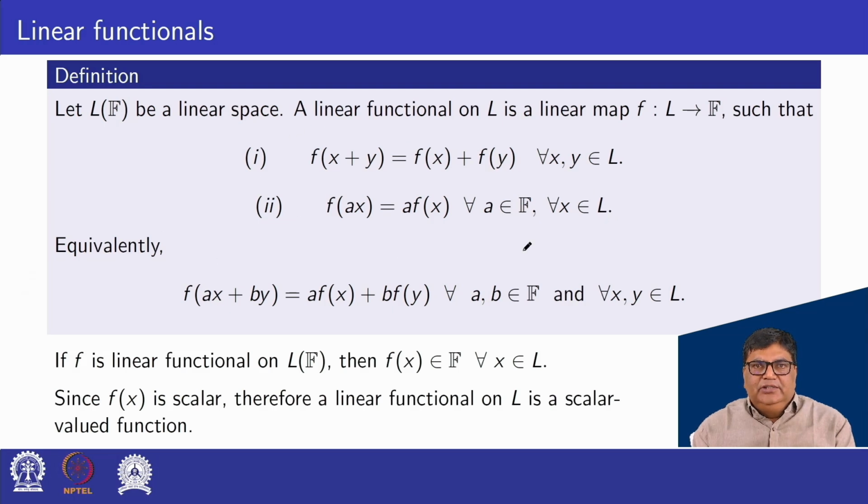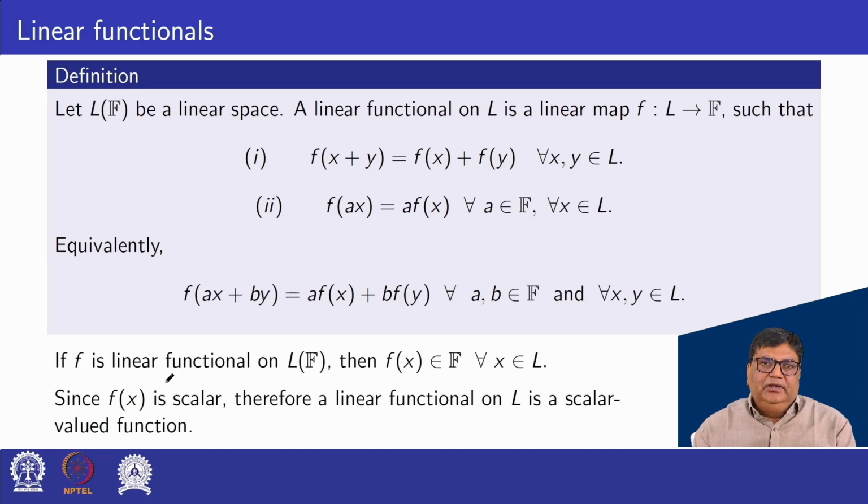Equivalently, these two conditions can be written as f of ax plus by equal to a f of x plus b f of y for all a, b belonging to F, that is scalars, and x, y belonging to L, that is x, y are vectors.